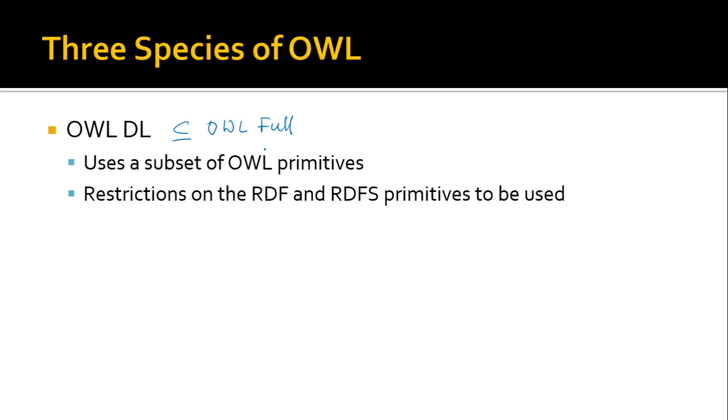You strip off some of the OWL Full vocabulary items in the language and you get OWL DL, right? And you cannot have full compatibility with RDF or RDFS primitives, so there are some restrictions there also. The advantage is that we have very efficient reasoning support, and this will guarantee decidability. So this is very important.